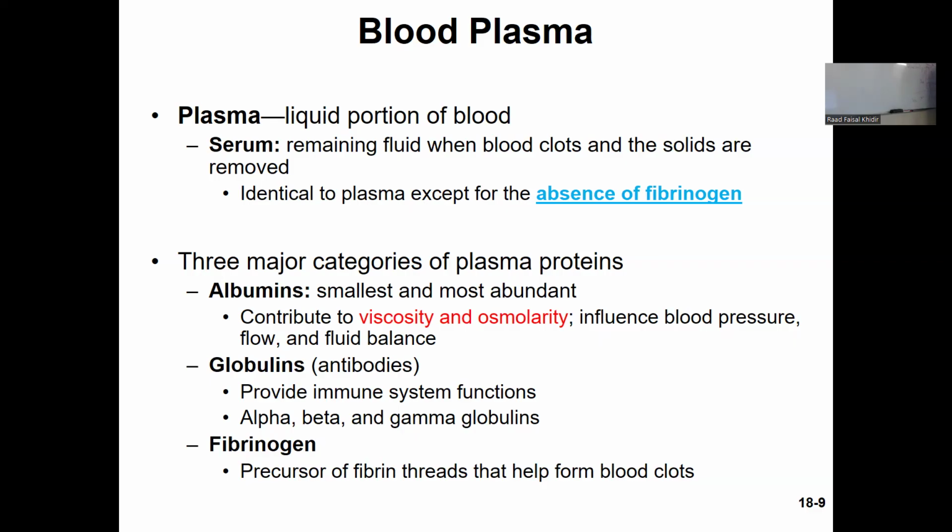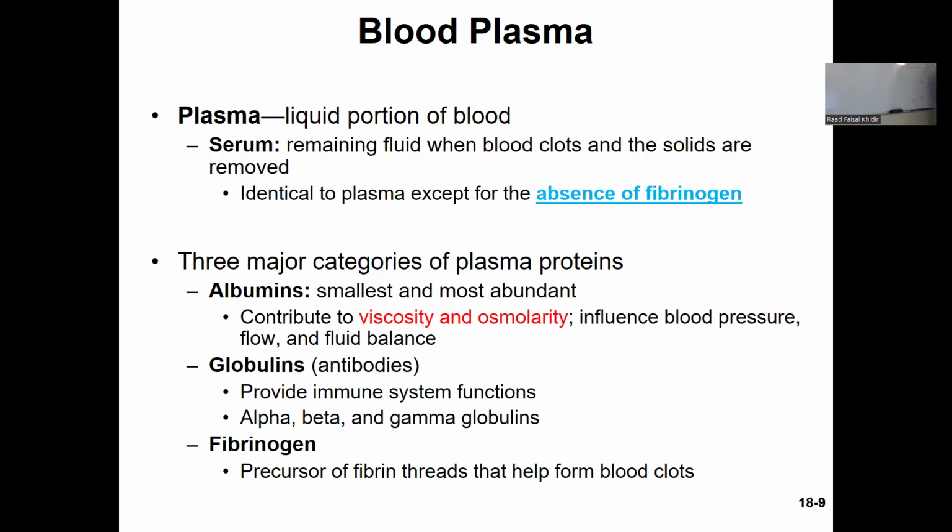So fibrinogen is inactive, fibrin is active. Pepsinogen is inactive, pepsin is active. Trypsinogen is inactive, trypsin is active. Angiotensinogen is inactive, angiotensin is active. So fibrinogen is a precursor that is inactive. But once it gets activated, you have fibrin.